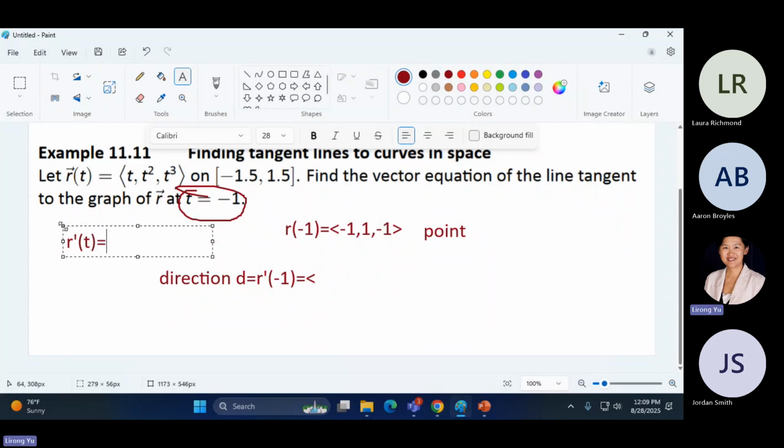r prime of t is equal to: the derivative of t is 1, the derivative of t squared is 2t, the derivative of t cubed is 3t squared.